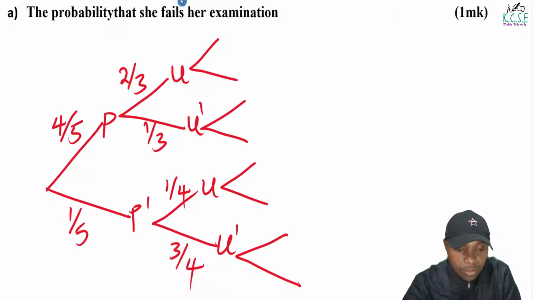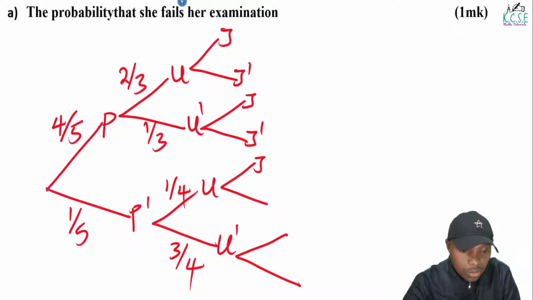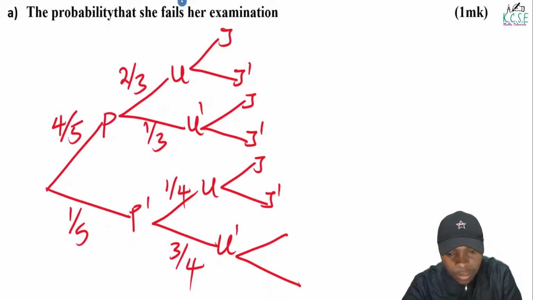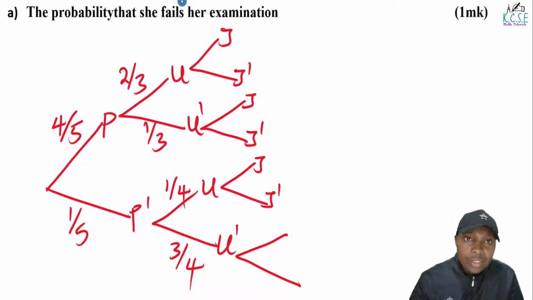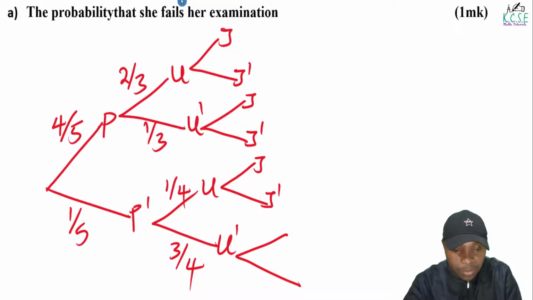Joining the university I'll denote U, not joining U prime. J represents the job: getting the job, J, not getting the job, J prime.